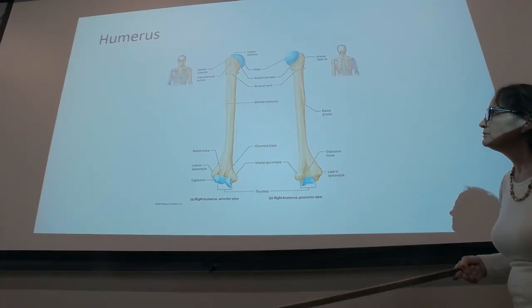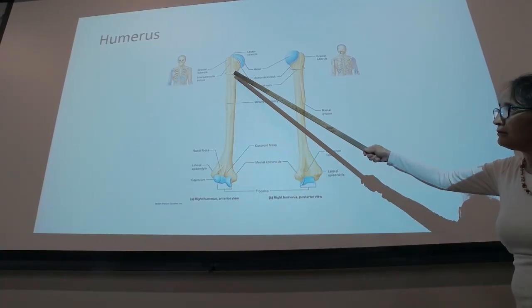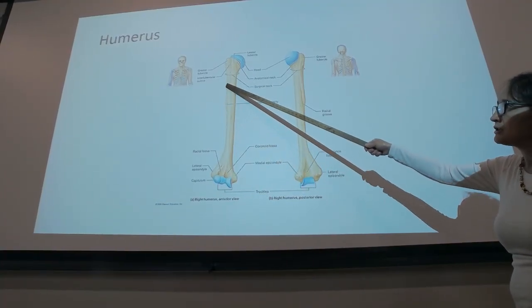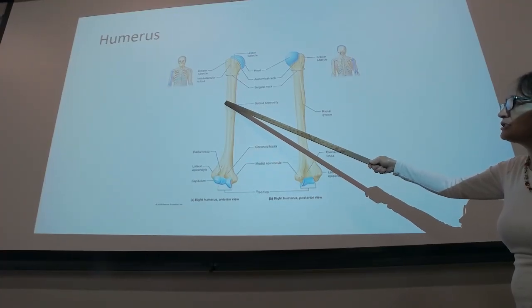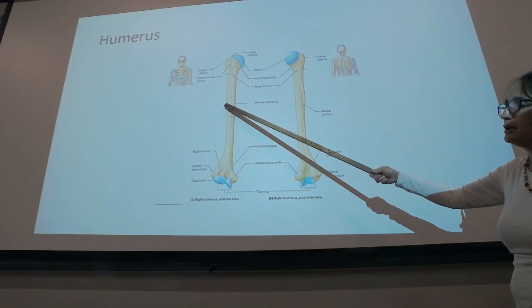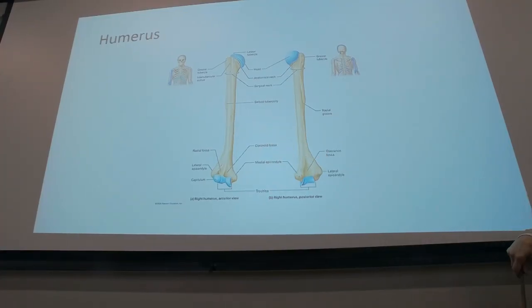This is a little bit more distal. And then laterally, almost towards the middle of the shaft, we have this rough tuberosity. This is called the deltoid tuberosity. This shoulder muscle, which is called the deltoid, inserts into there.